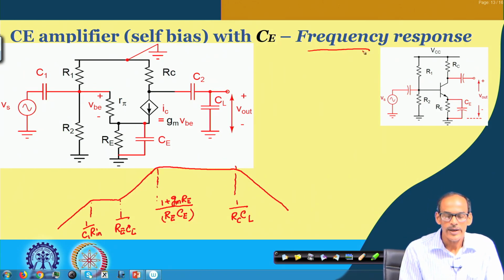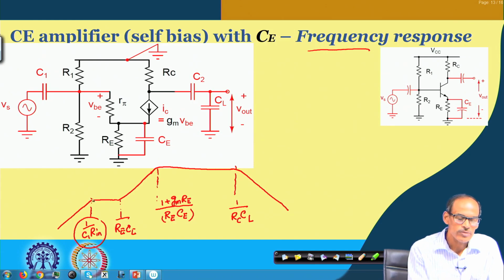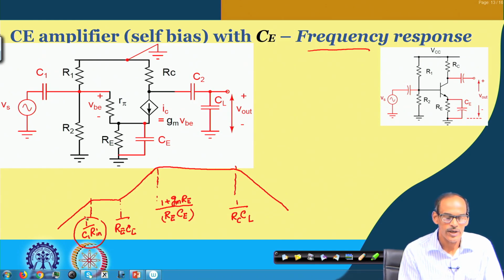Now, one additional piece of information: the location of this pole depends on one RC time constant. Likewise, this zero comes from another RC time constant, and so is the high frequency pole.